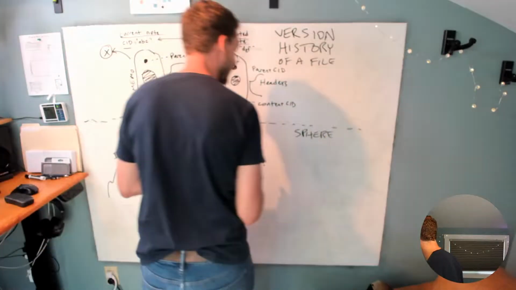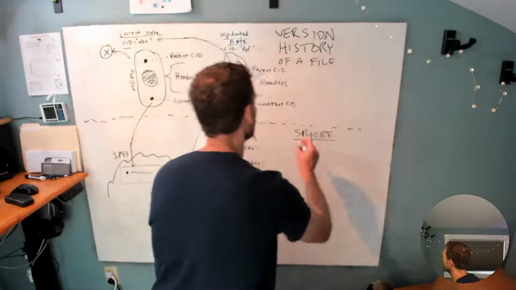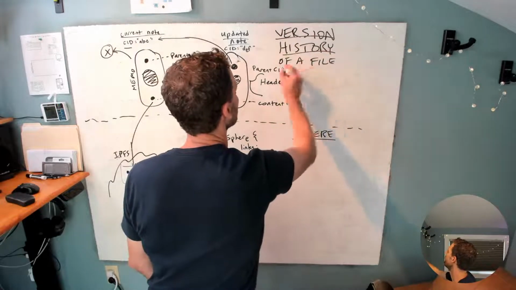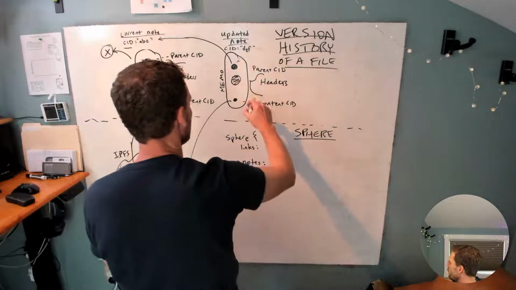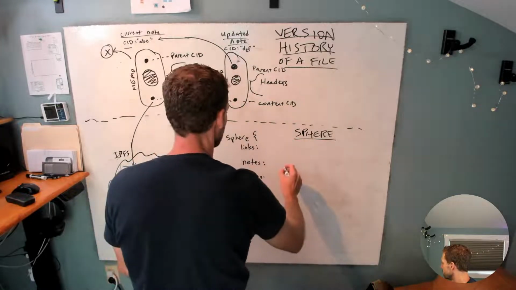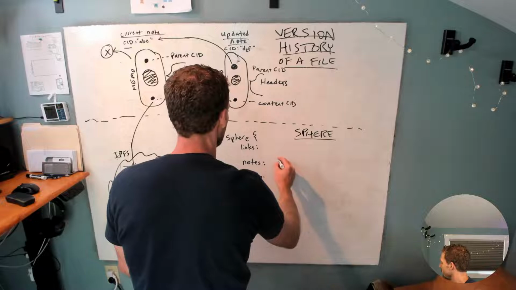I'm going to erase that for now, and I'm going to draw what I think is going to happen inside the sphere. We've already got the version history of a file here. It's going to create a new memo. So this new memo is going to get stored in this notes thing.